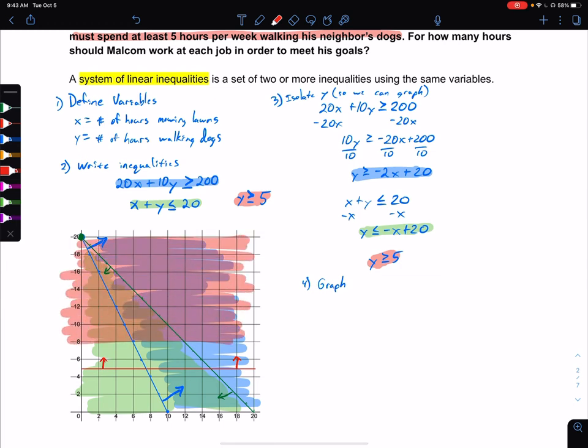All right, so all of this. And what you'll see is that the area where they all overlap, let me use a different color, is this area right in here. This is the region where all 3 inequalities are true.